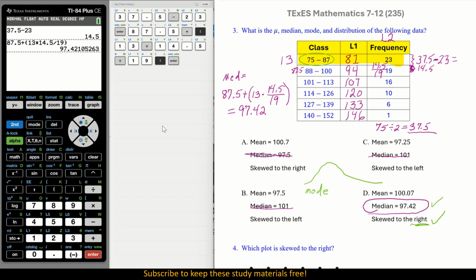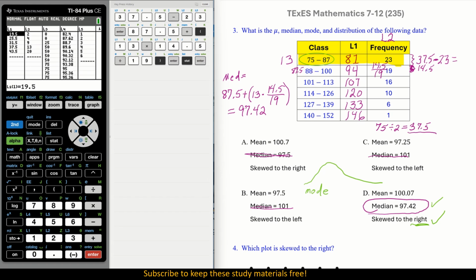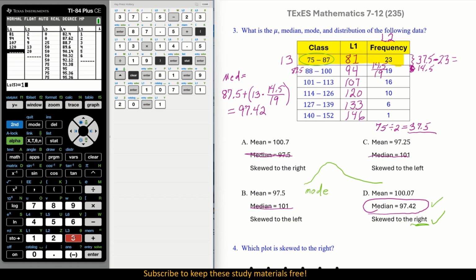Now we have to find our mean. Okay, now we can find the mean by pushing our stat and our enter. And we're going to populate all of this L1. Okay, I'm going to go up and highlight and remember clear enter. Okay, so we have 81, enter, 94, enter, 107, and then we have 120, 133, and 146.